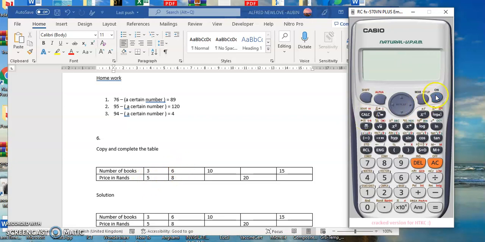So you are going to have 5 times 6 divided by this 3. Divided by 3 must give us 10 here. This side must be 10.